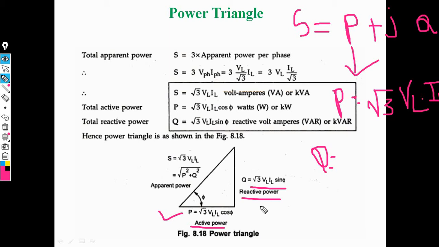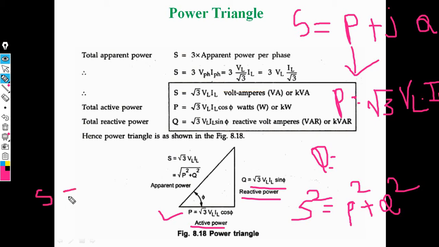Now we need the apparent power. Apparent power S: S square is equal to P square plus Q square, using the Pythagoras theorem. So we obtain S equal to the square root of P square plus Q square. This is the formula for apparent power, this is the formula for active power and this is the formula for reactive power.